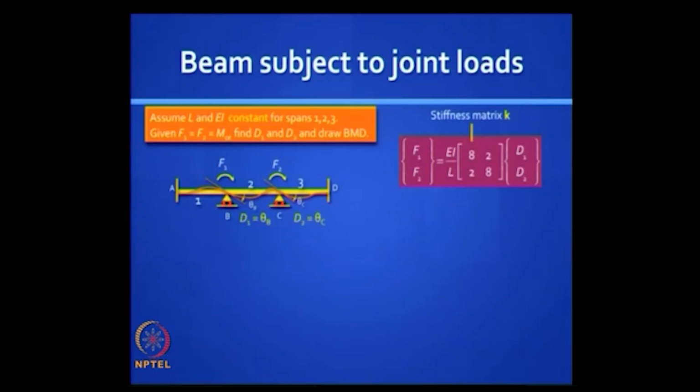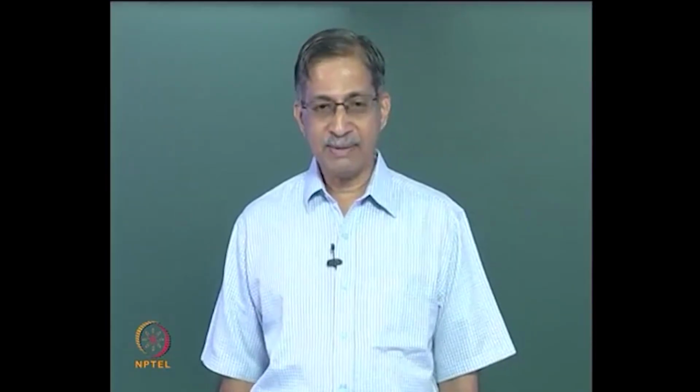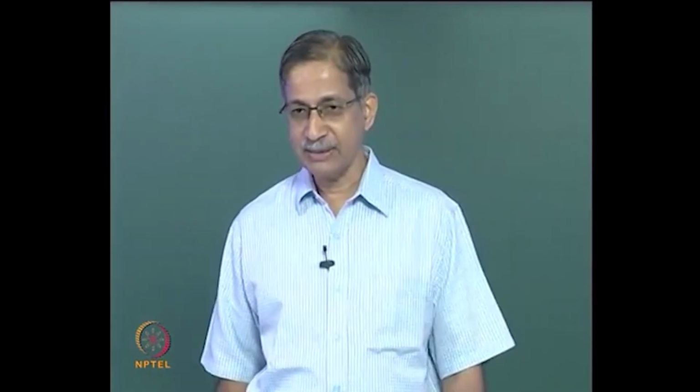F1 is known, F2 is known, both are equal to M naught. So just invert the matrix. Will you find out theta A and theta B quickly? Inverting a 2 by 2 matrix is simple. The constant EI by L gets inverted to L by EI. Then you have to find the determinant, and 1 divided by the determinant comes outside as a constant.